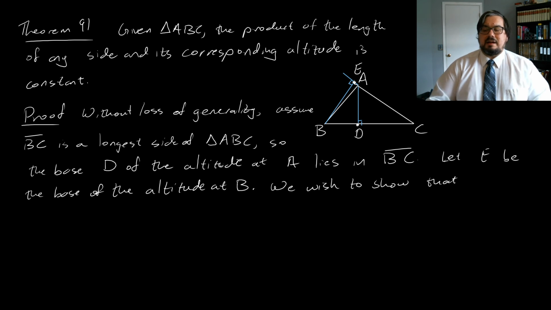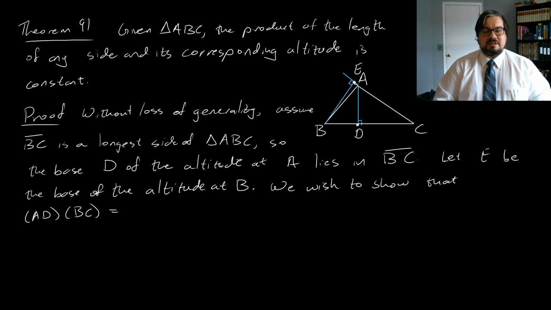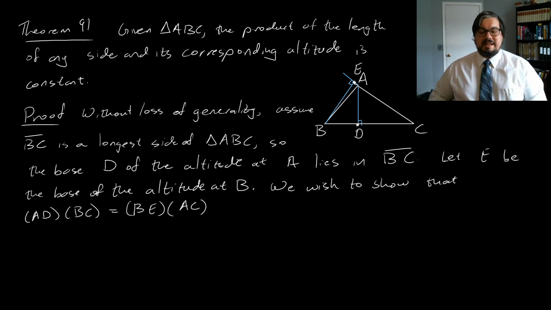that if we take the length AD and multiply it by the length BC, that's going to be the same as taking the length BE and multiplying it by the length AC, because that's the product of each altitude with its corresponding side, or the lengths of them. Now, you'll notice that this already looks sort of suspicious.